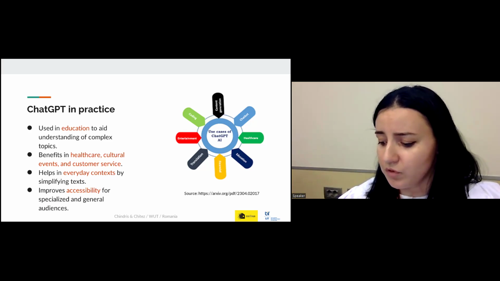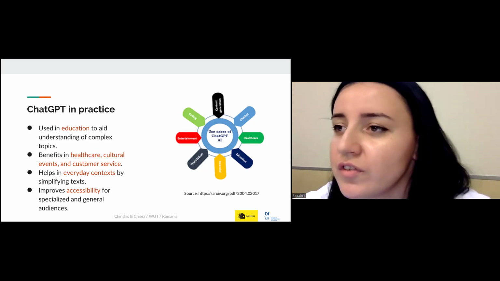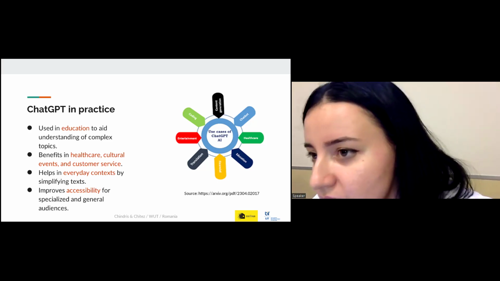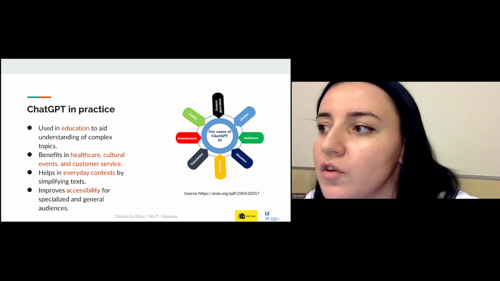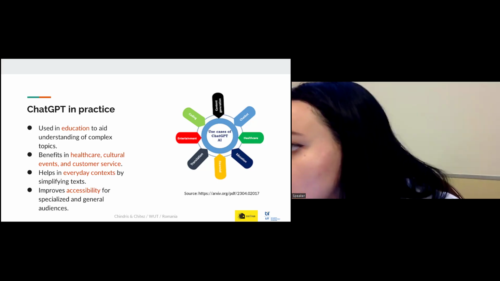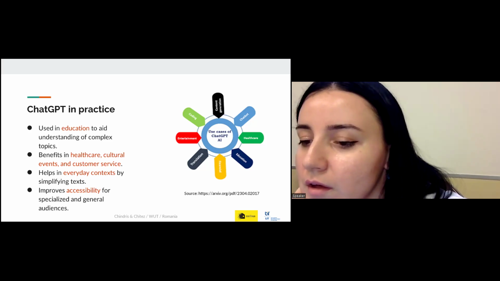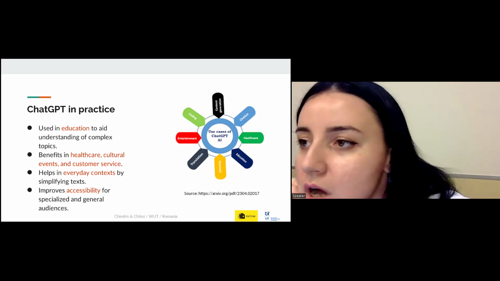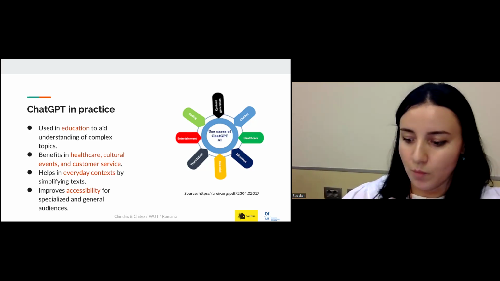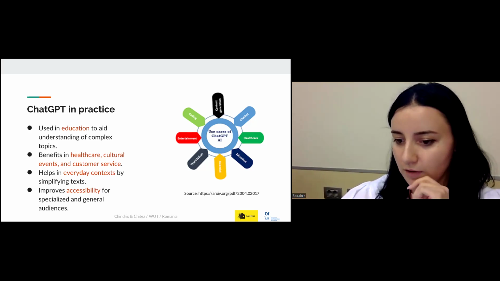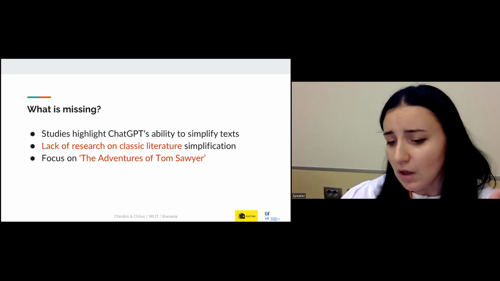So it really helps people, and it approaches both general audiences and very specialized audiences. So I'm not talking only about academics using ChatGPT, but also people from other fields and domains. It's quite accessible. What is missing?